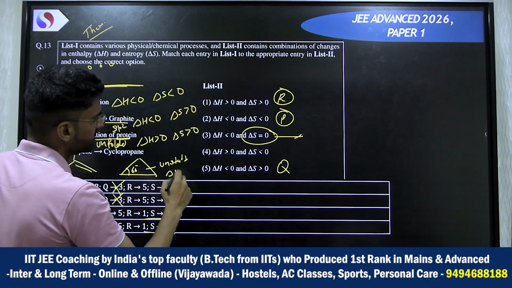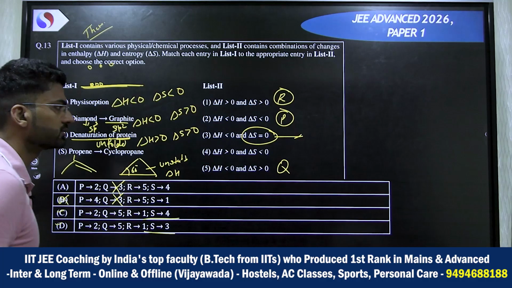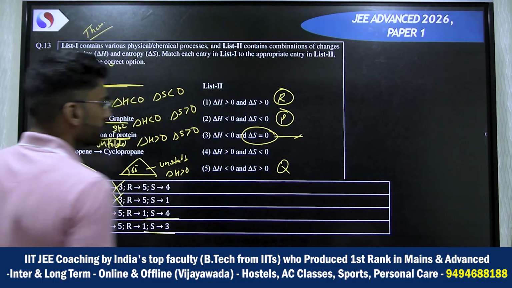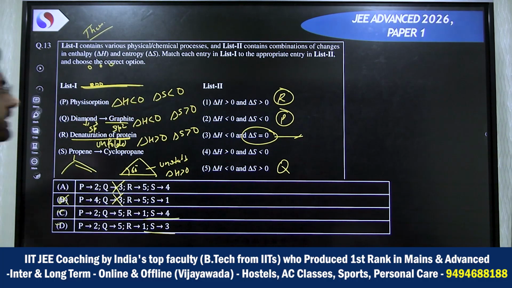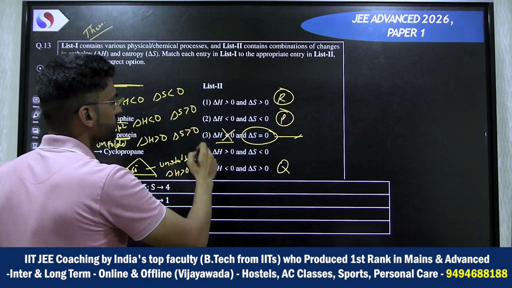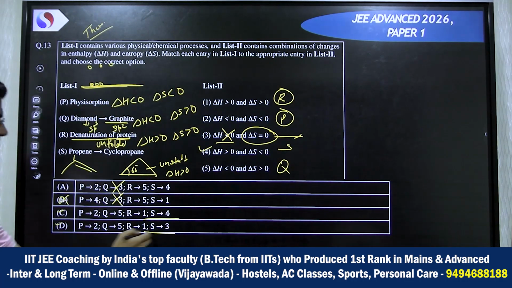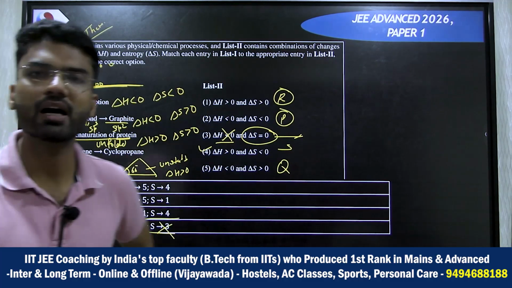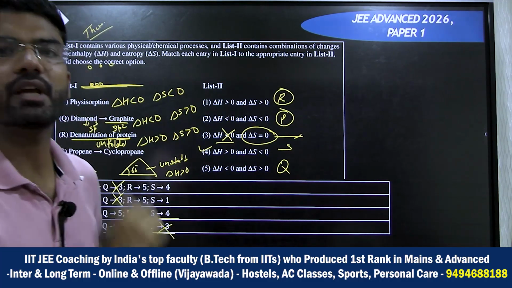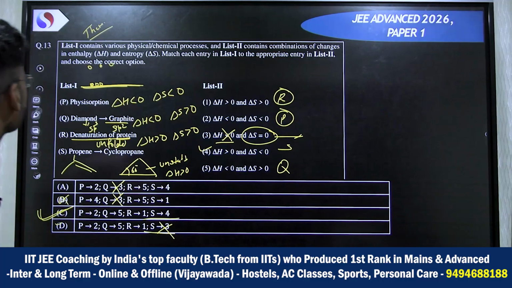Unstable means delta H will be greater than 0. In this case they have given delta H less than 0, so option 4 is correct, that is S. So option C will be the correct answer. If you have just a basic understanding, you can easily answer the questions.